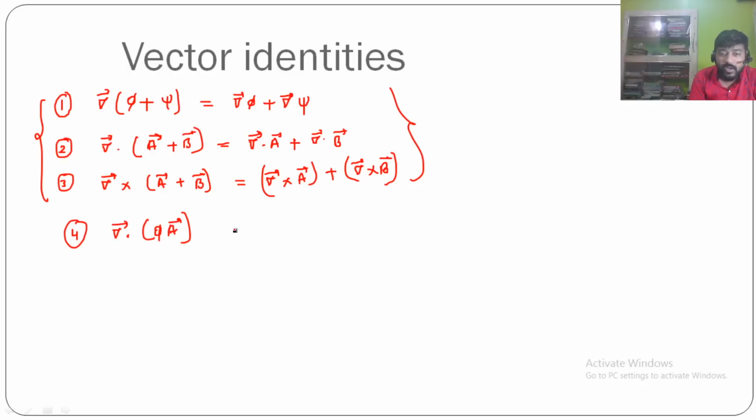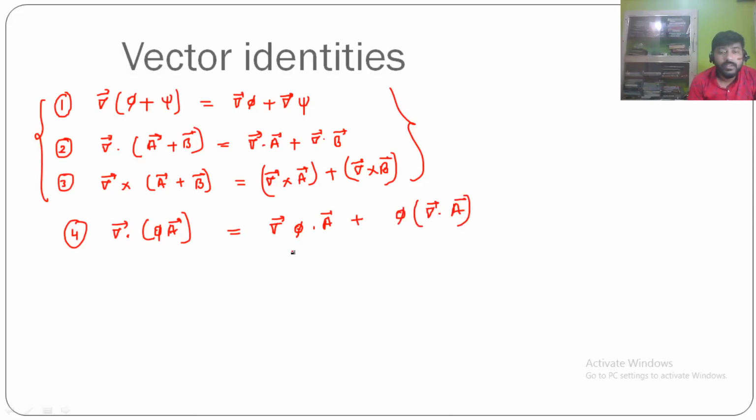So it can be written like this: grad phi dot a plus phi into divergence a.